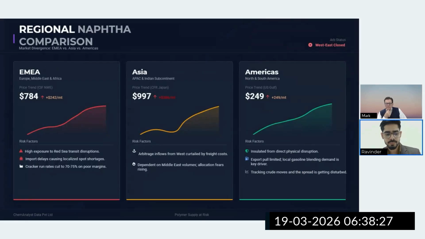Now the main thing comes, that is naphtha. Naphtha, which is the major building block of polymer, and the polymer value chain is actually built from naphtha, and it has observed a steep incline in the past couple of weeks. If you see here in Asia, Asia is the region which has been impacted the most in recent days.